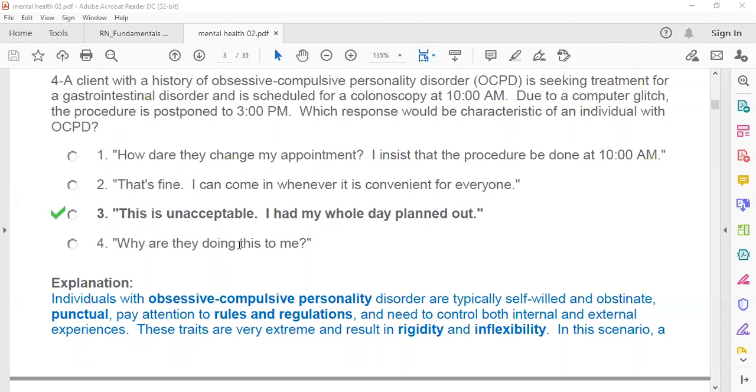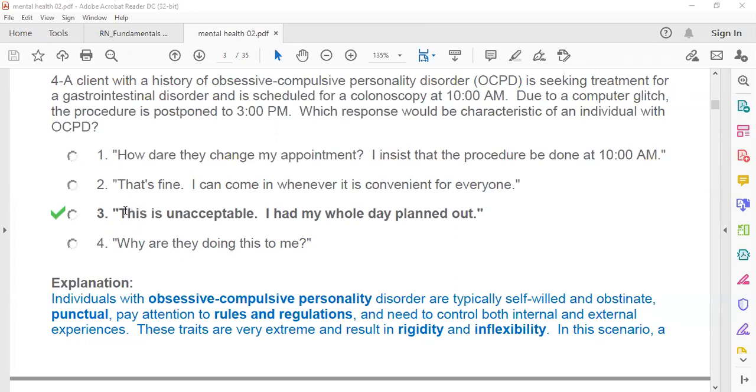But an obsessive person always focuses on perfection, order and control that may prevent the patient from completing a task. So they make a plan and they like to follow their plan.